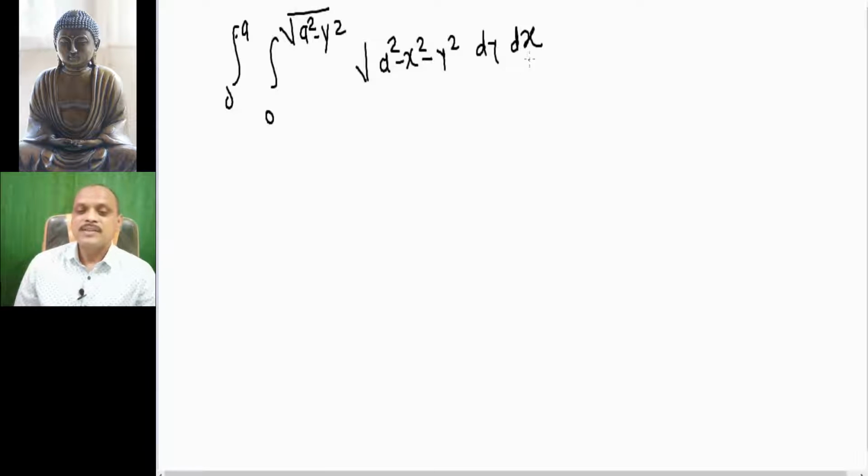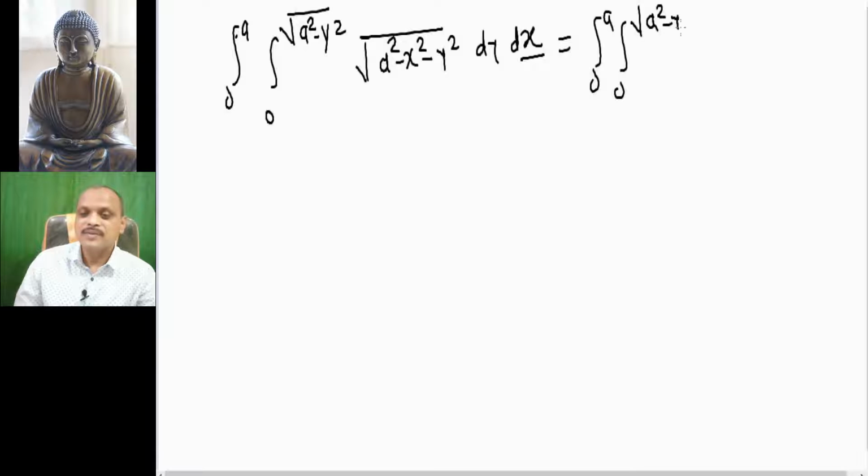We have to evaluate this with respect to x first. Therefore, we write this as integration 0 to a, integration 0 to under root a square minus y square, under root of a square minus y square minus x square, dy dx.